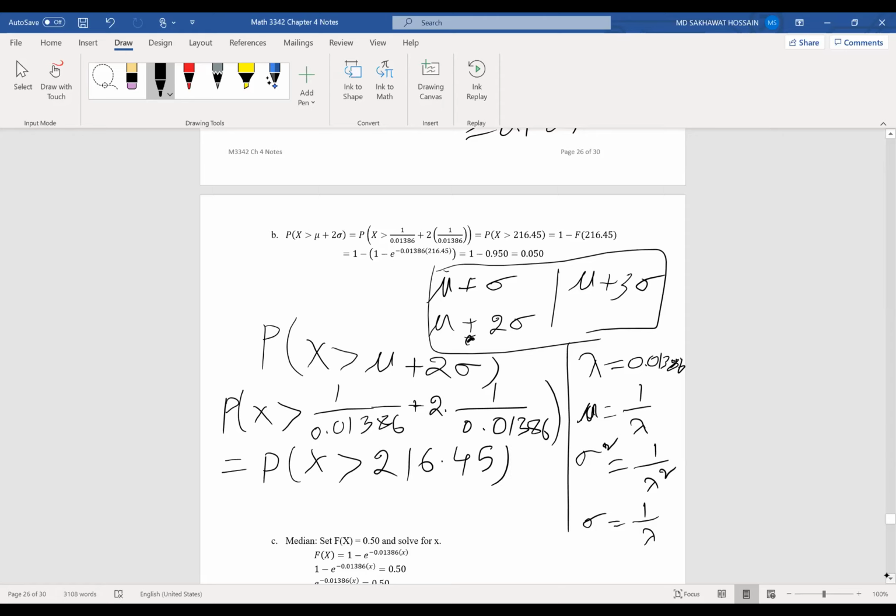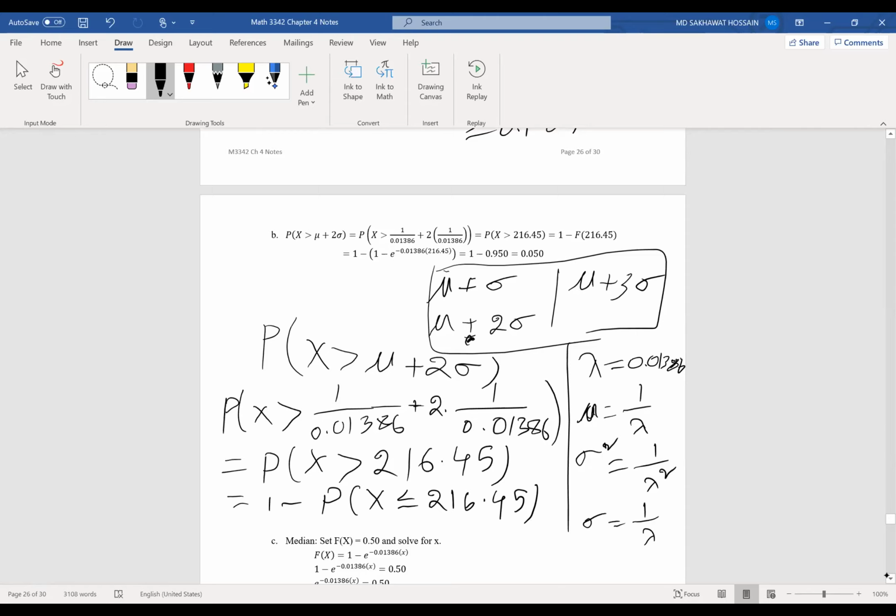So how can we calculate this probability? You can use the CDF function. Since this is x greater than, we have to use the complement. That means 1 minus probability of x less than or equal to 216.45. The CDF function always gives you the probability where x is less than some number.